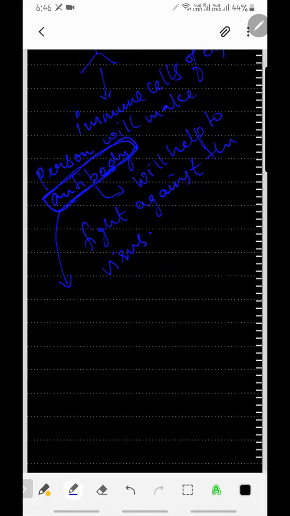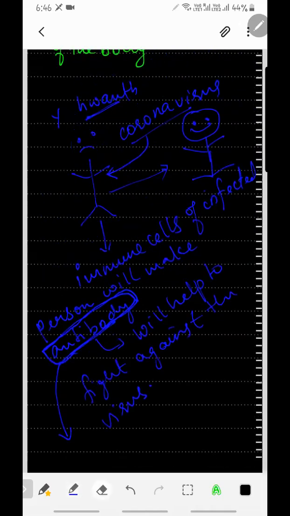Okay, I hope you have understood. Yes, this is not needed for 12th class. Earlier it is this.